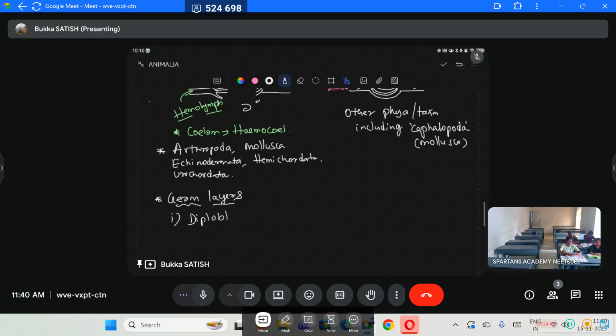Diploblastic and triploblastic. Where do you see the triploblastic development? Which animals? Excellent. Platyhelminthes onwards.